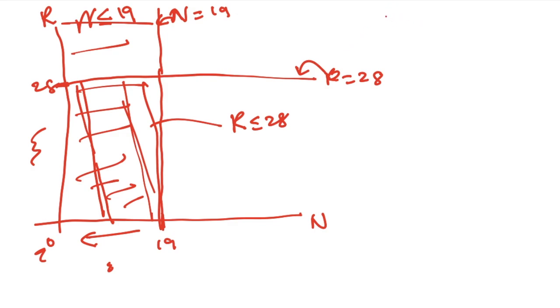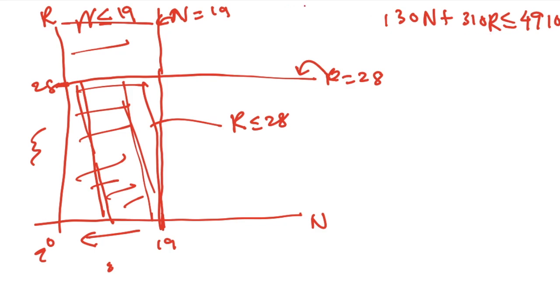So here I write it again, 130x plus 310y less than 4910. Okay, x here I change to n, y here I change to r.